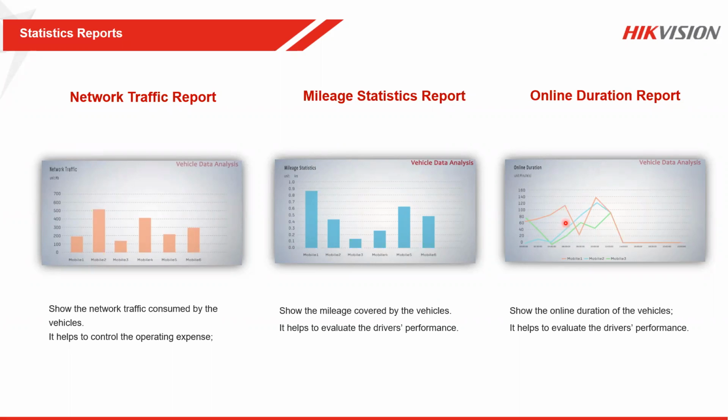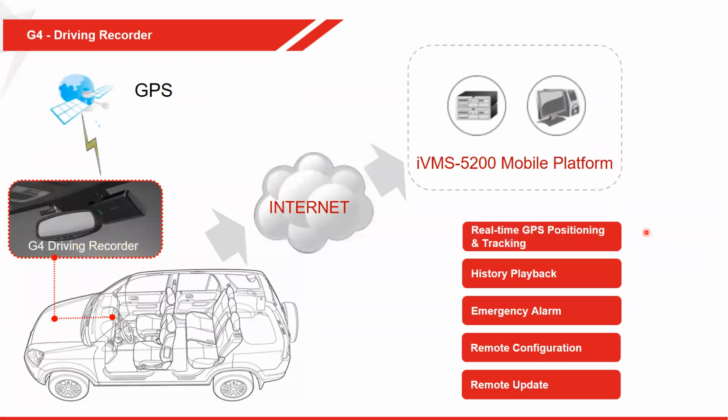And then we look at an online duration report. So this is for how long the device was online, the mobile DVR. Again, so we can look at how often a particular vehicle is being used and so forth. So these reports are very useful for your business operations as well, where they can be used and applied to different applications.